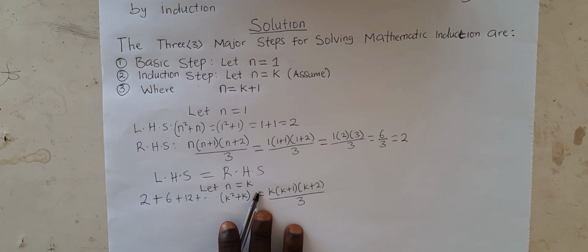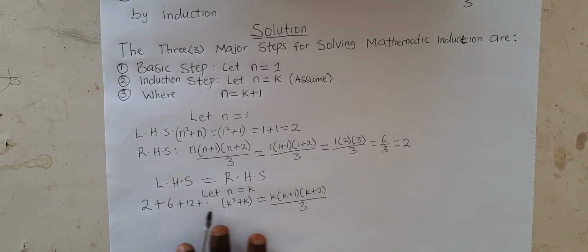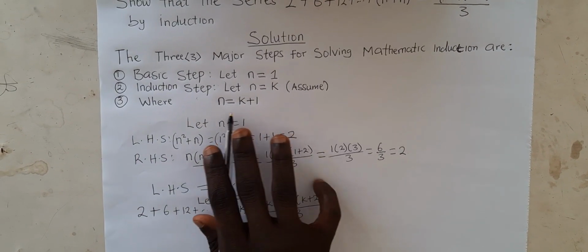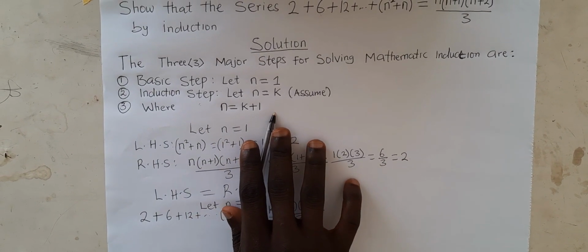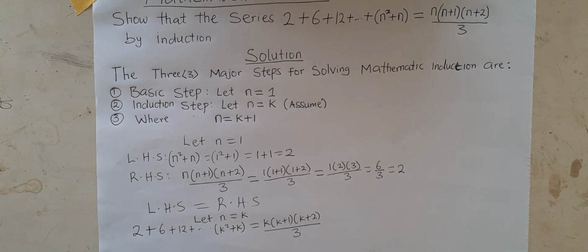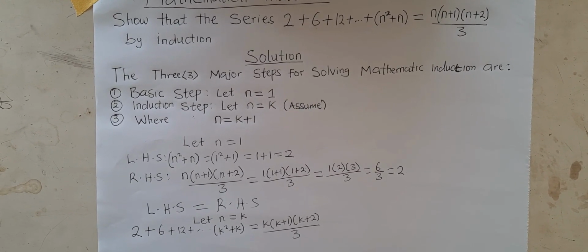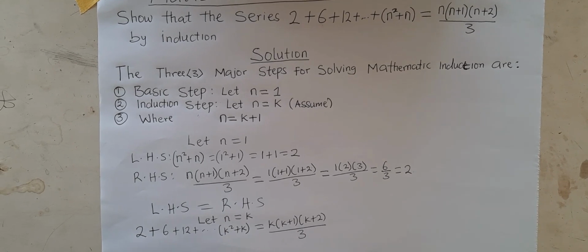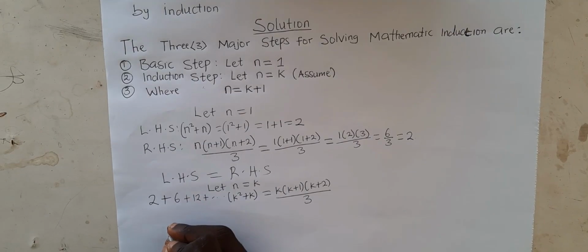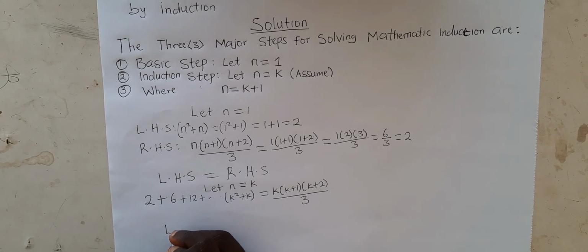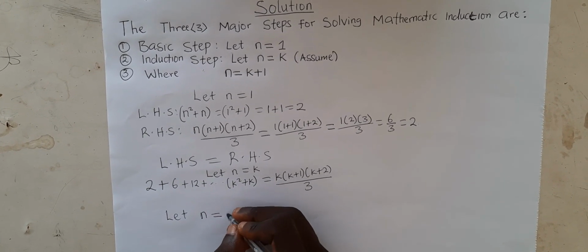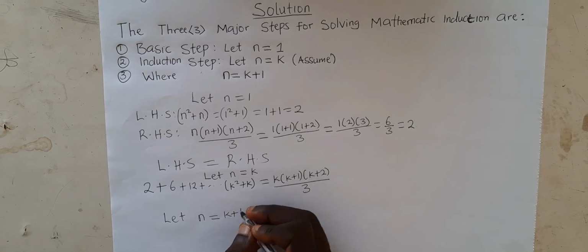The second step is usually not long. This is just it. So we move to the third step by saying that let our n equal k plus 1. This is where most students get confused, but pay maximum attention and you will understand the secret here. So the third step is to say, let n equal k plus 1.